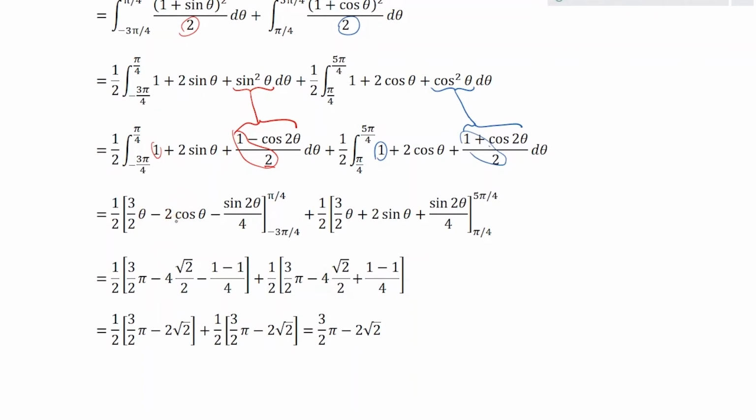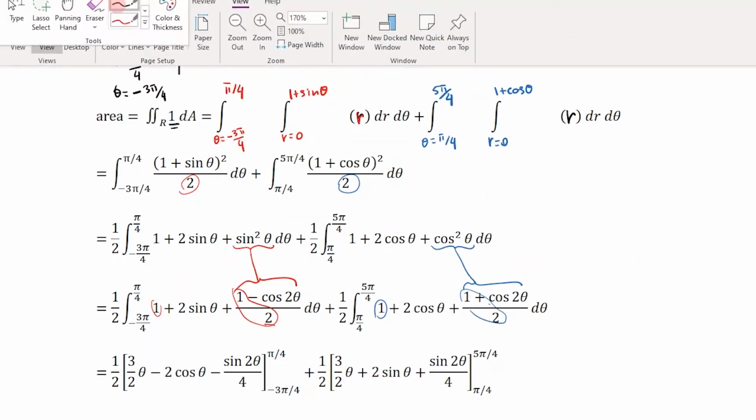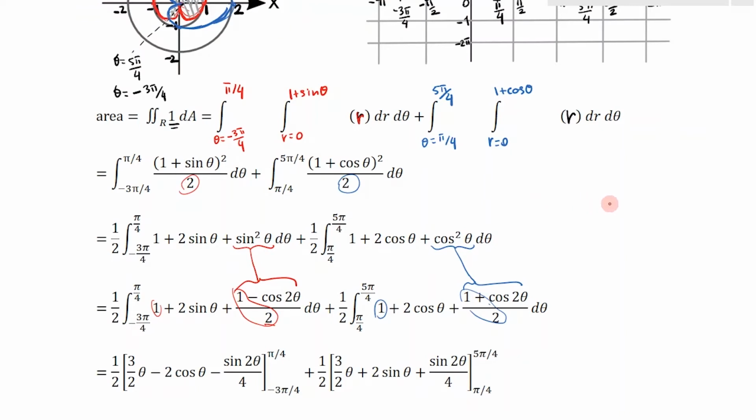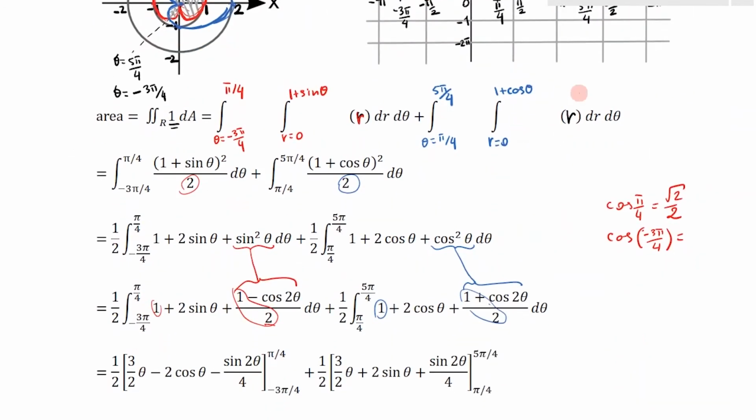Cosine of pi over 4 is equal to root 2 over 2. Cosine of negative 3 pi over 4 is a negative number, so it's negative root 2 over 2.